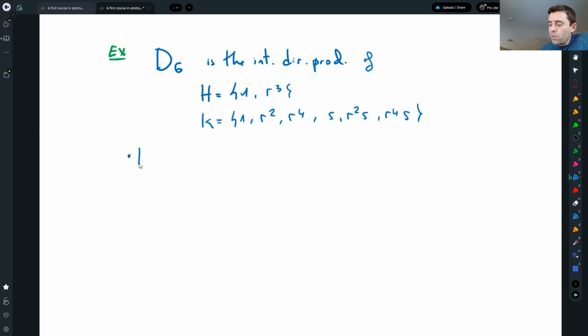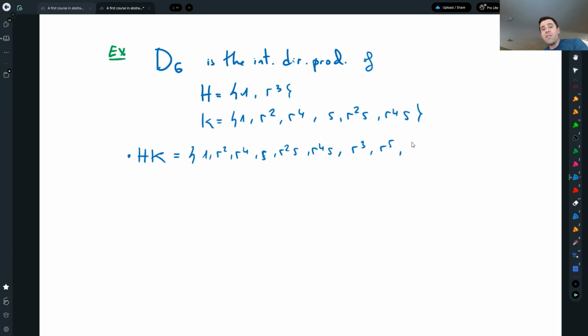First of all, how much is HK? You can see that I can just get with 1 times anything in K, I get everything in K. So I get 1, R square, R to the 4, S, R square S, and R to the 4 S. And then R cubed times one of those elements, I get R cubed, R to the 5, R to the 4 times R to the 3.